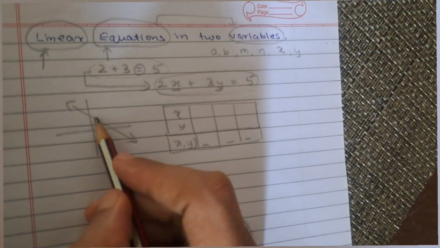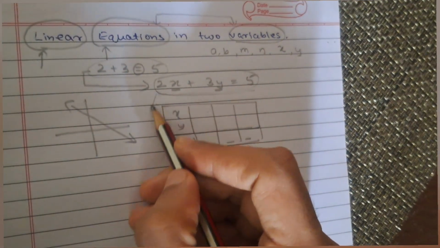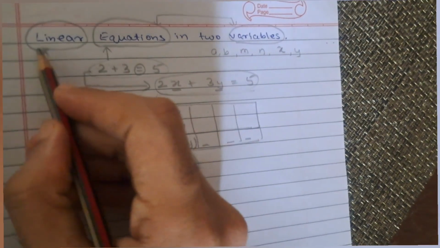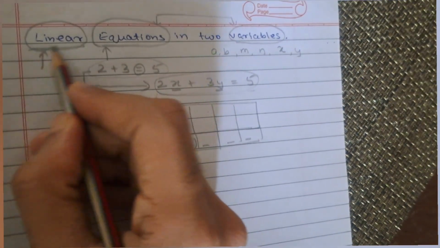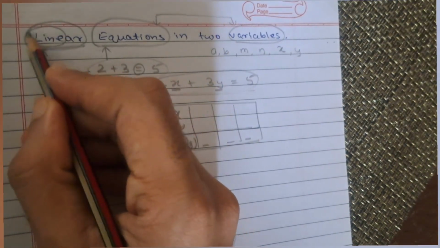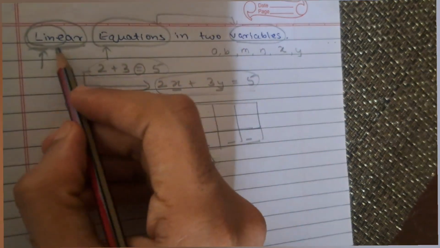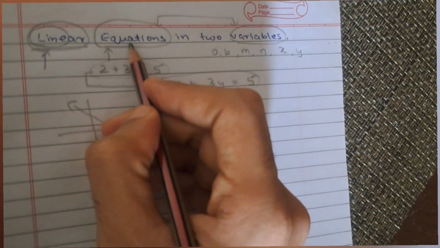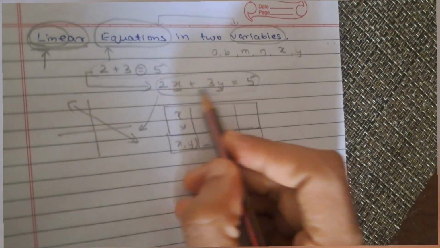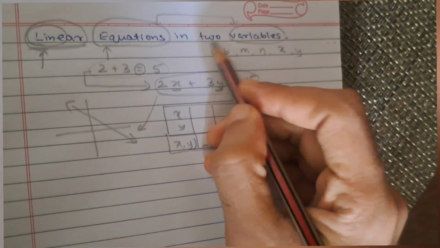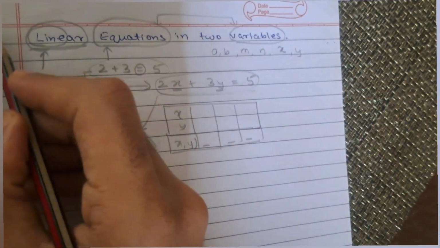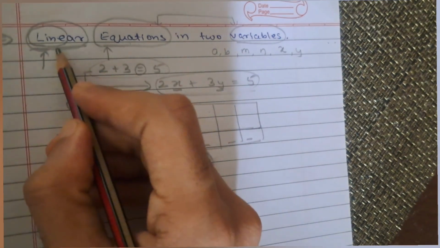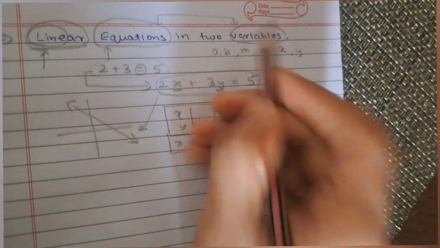So this means that using this equation you can create a line, and hence it is called linear. Linear is nothing else but line. So an equation that represents a line is called a linear equation, and if it contains two alphabets, it is called two variables. If I combine everything together, we call it linear equations in two variables.